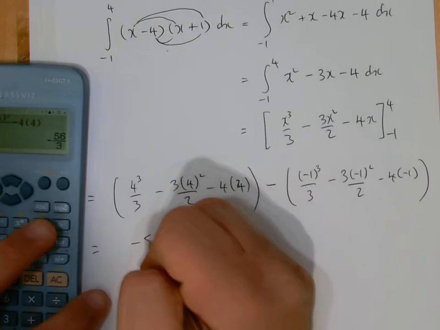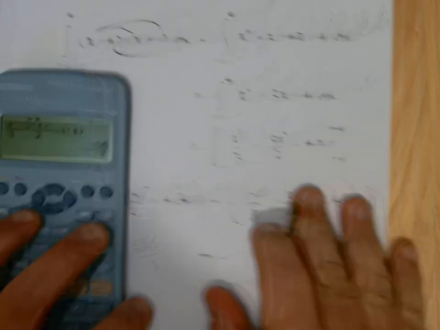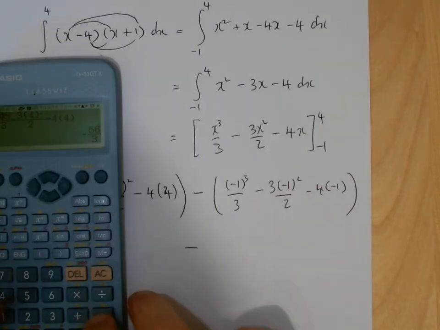We get minus 56 over 3. And let's work out the second bracket then.